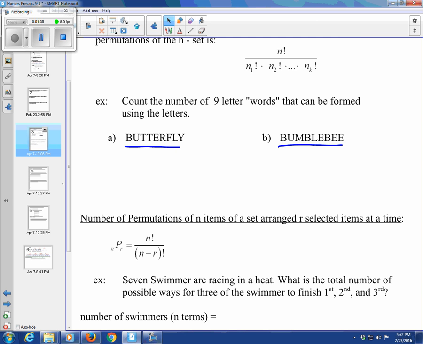First, let's talk about what we mean by words. In this case, we're basically just talking about an arrangement of letters, so they don't actually have to spell a literal word. We're going to talk about all the different arrangements or permutations we can create from the letters that spell the word butterfly.